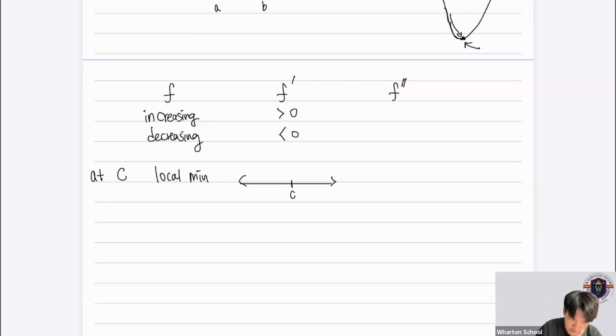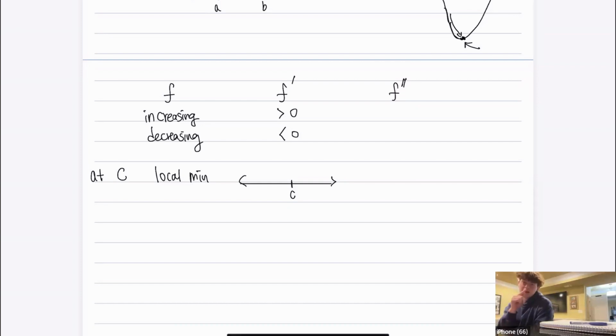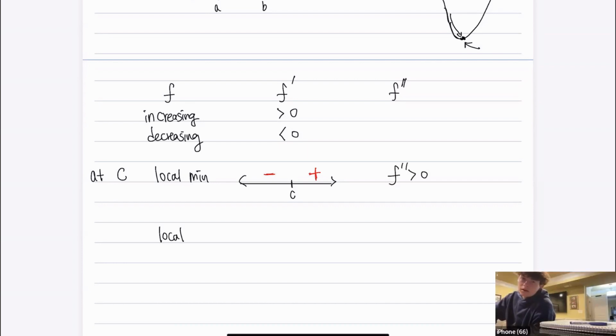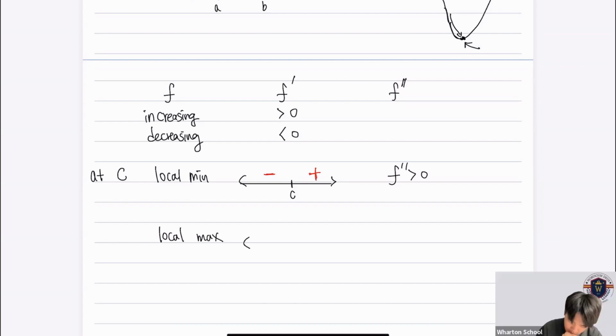The left side would be decreasing and the right side would be increasing. And then f double prime will be positive. And if it's a local max, it would be the opposite, right? If you have a critical value c, then it should be increasing to decreasing, and then f double prime would be less than zero.